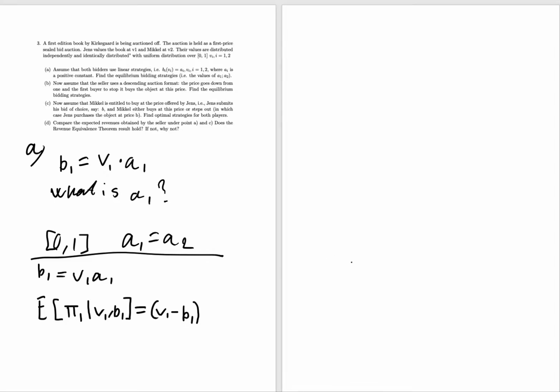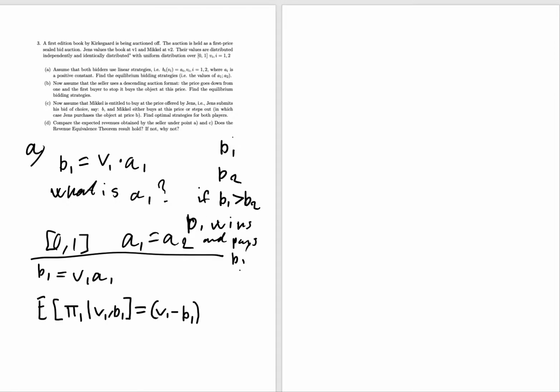So this is a first price auction, which means that when we have bid 1 and bid 2, if bid 1 is bigger than bid 2, then bid 1 wins and has to pay bid 1.